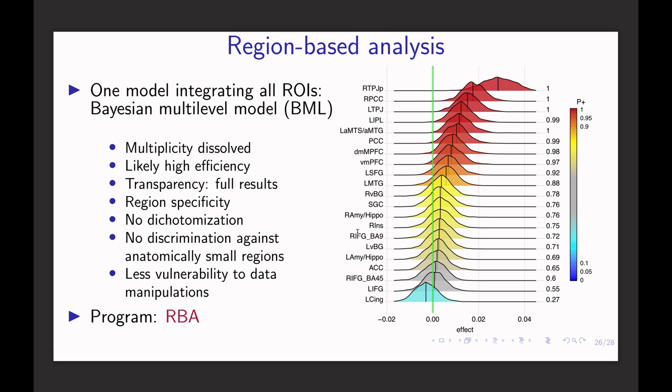So there's no multiplicity issue, first of all. Then there's no dichotomization. We present all the results, regardless of their statistical strength, weak or strong. Everything here is in front of everybody's eyes in the paper, right? So you don't have to dichotomize. You can choose whatever threshold you consider as strong, weak, or moderate evidence.